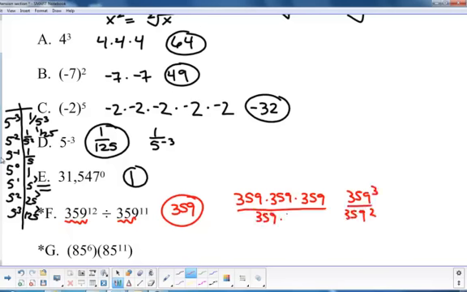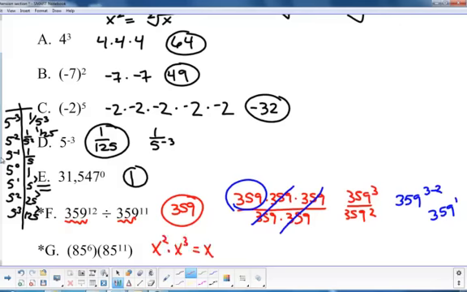Same thing, I just don't have to write out 12 of them. You see how this cancels and this cancels and you have 1 left? Whenever you're dividing, if you remember, you can subtract exponents. So this is like 359 to the 1. And then when you're multiplying, you add exponents. If you remember, like x squared times x cubed is x to the 5th.